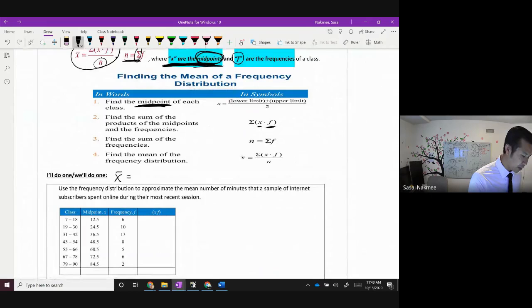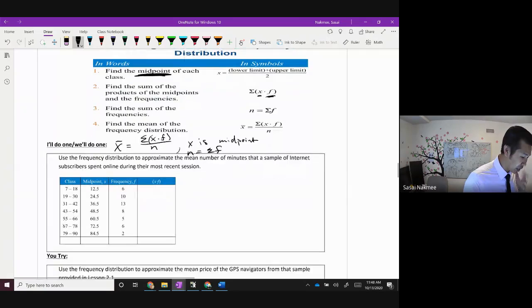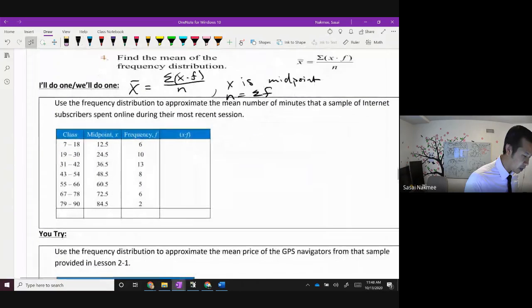The average of x is going to be equal to the sum of x times f, all over n, where x is the midpoint, f is the frequency, and n is equal to the sum of your frequency. So let's have that down there so we can take a look at how this works.